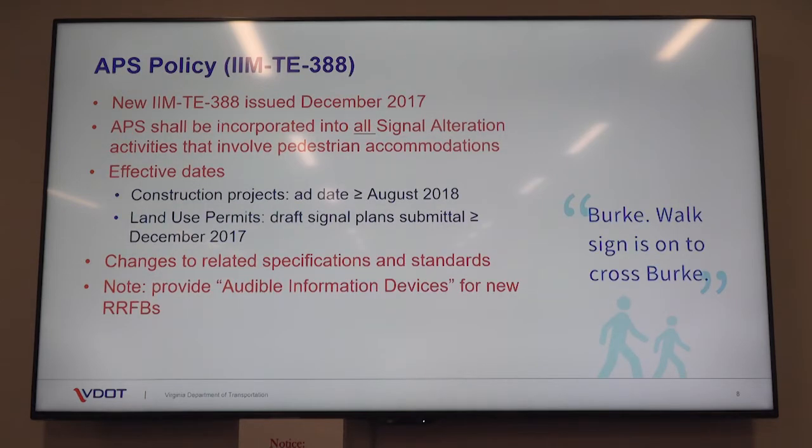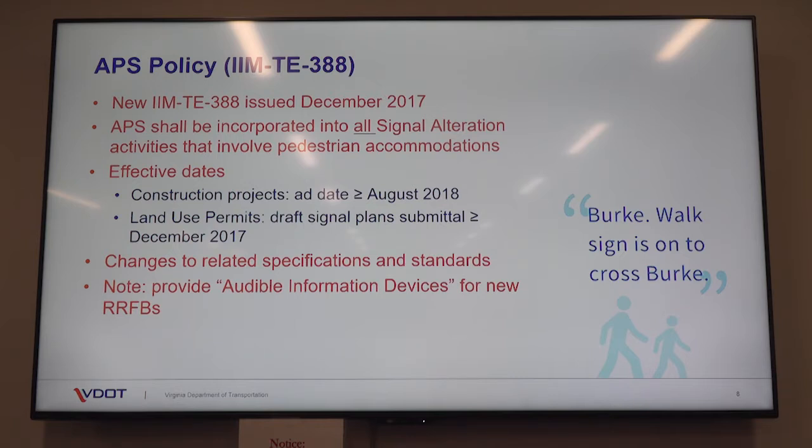So for the APS policy, let me just kind of clarify first: an APS device is a device that communicates in a non-visual format. So why is this important? Imagine approaching an intersection, not being able to see or being visually impaired, and most of the cues around you are visual cues.